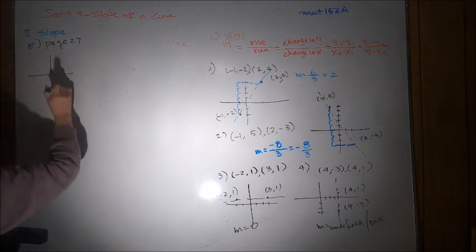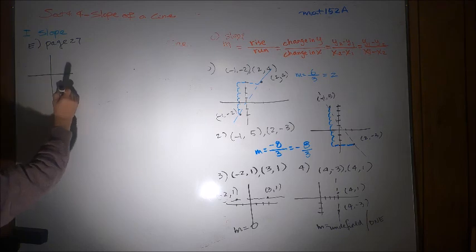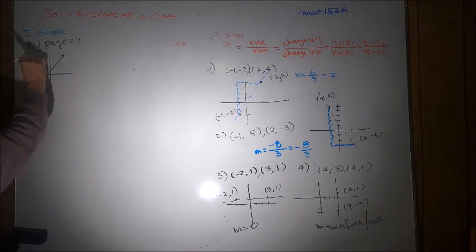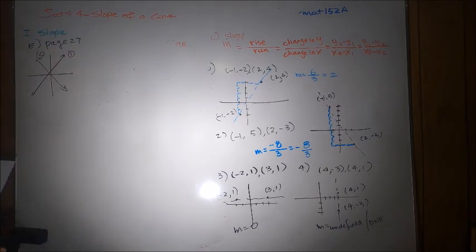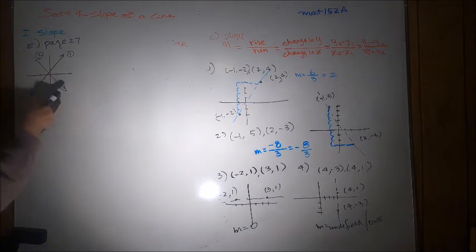Okay, if we have one like this, line 1 is this, line 2 is this, right? So we say, which one has the greater slope? Which one is bigger? What do you think? This one? 1, right? Because this is a positive, this is a negative.